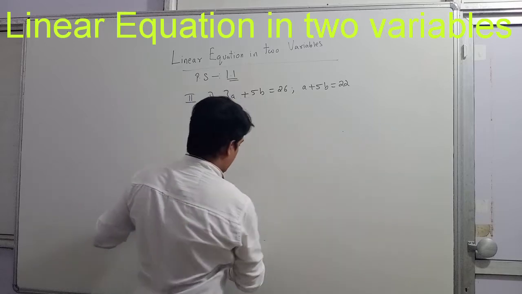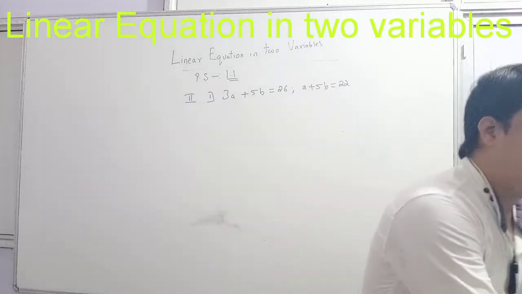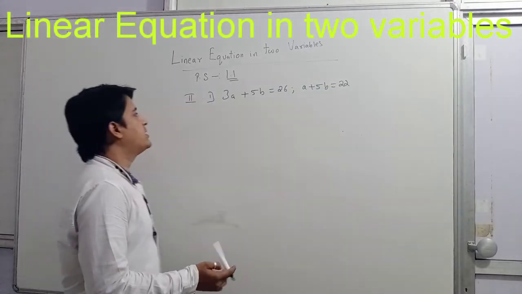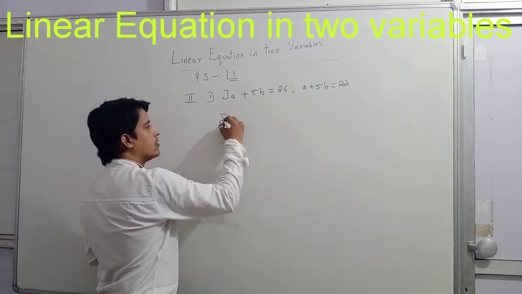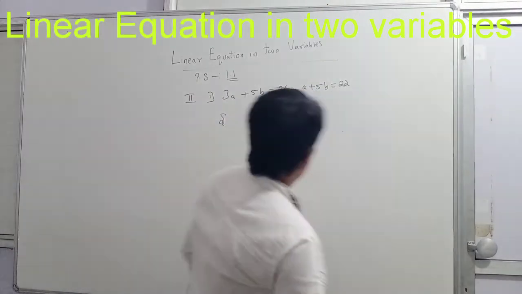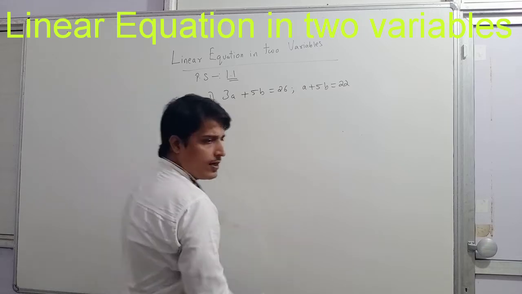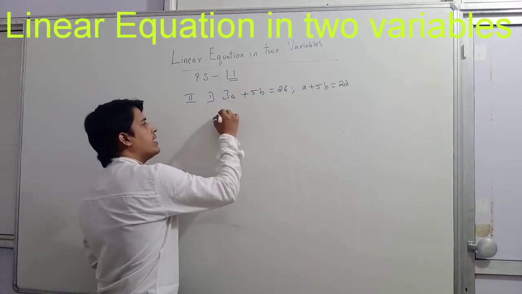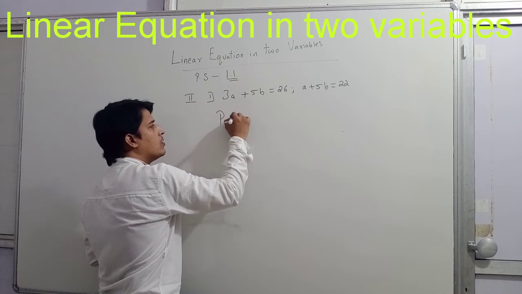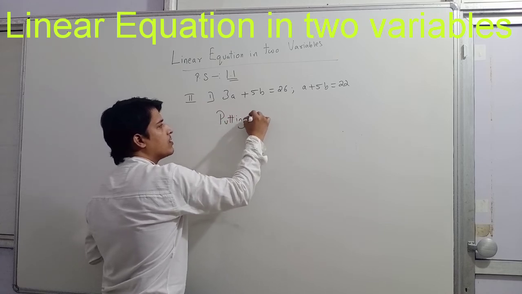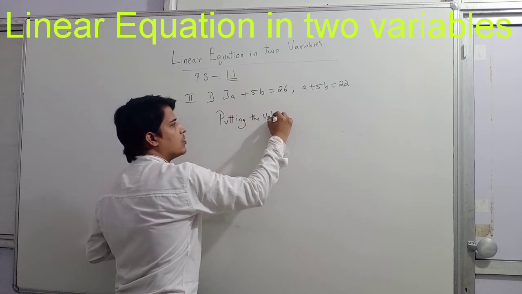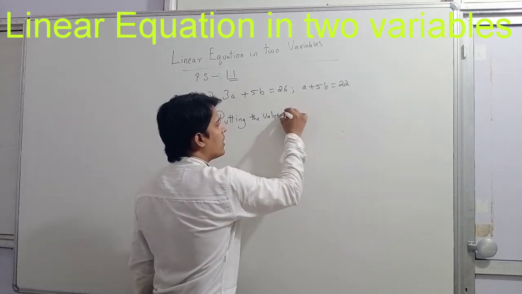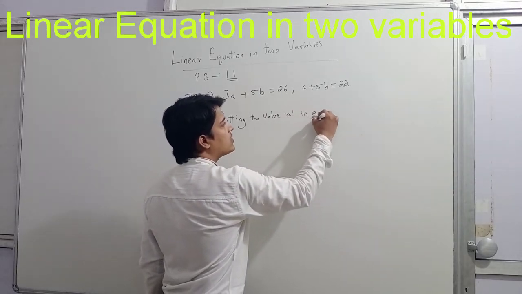The next step over here, we have got the value of a as 2. Our next step will be substitution. In simple terms, if you are not comfortable with substitution, you can write it as putting the value which we have found, the value of a, in an equation.